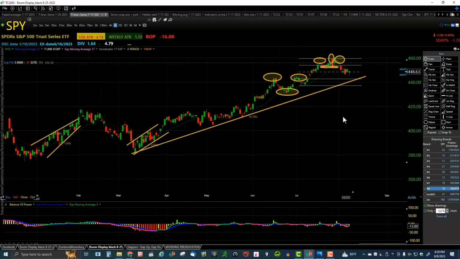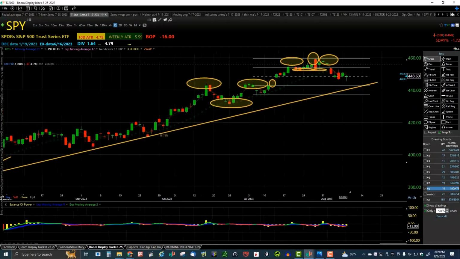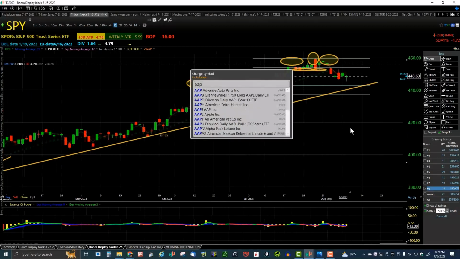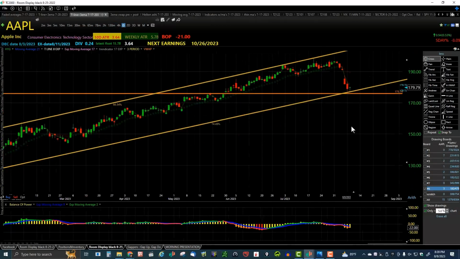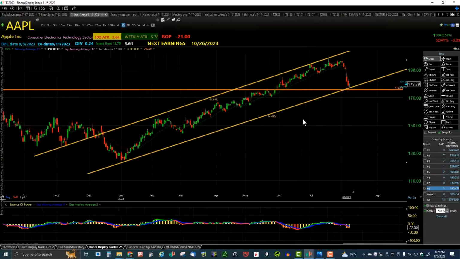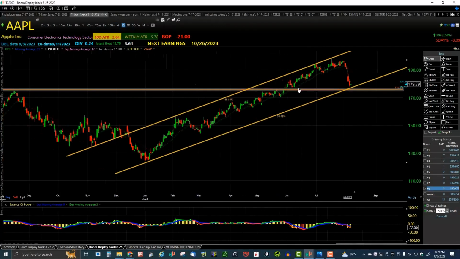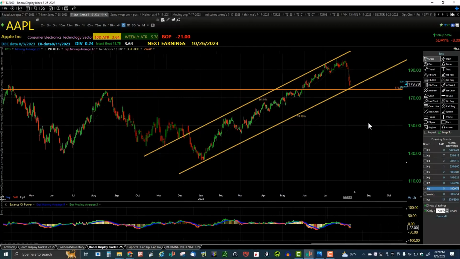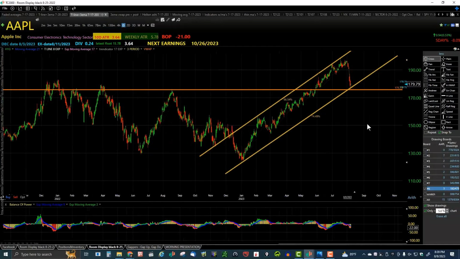Now let's go look at Apple for an instance here. Okay. So where was the first sign of minor support? You notice Apple didn't have any minor support for a long time. This is the first sign of minor support right there. See the candles that stick up?